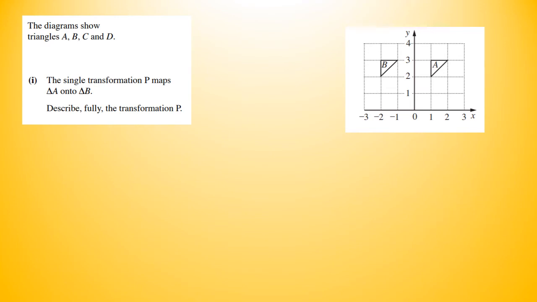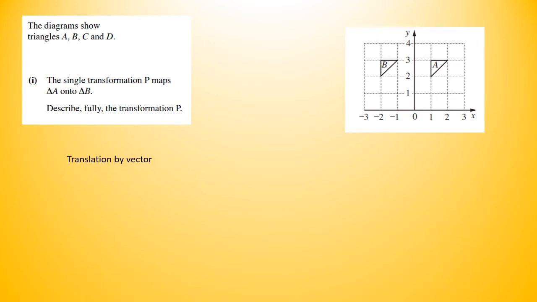and translation. So according to this, how has A moved onto B? You can clearly see that this is not an enlargement. Triangles A and B have not enlarged in size. It has also not rotated, neither reflected. Then it is a translation.